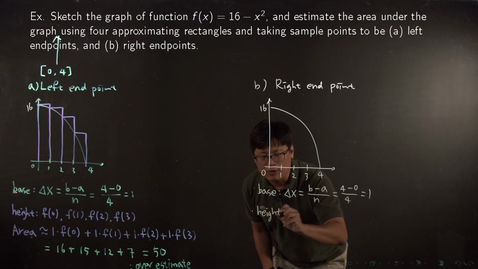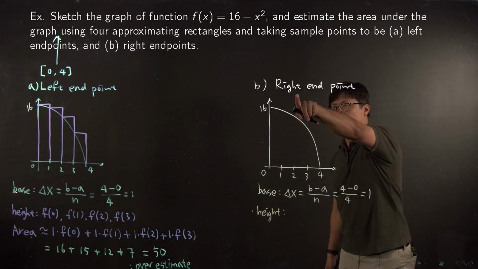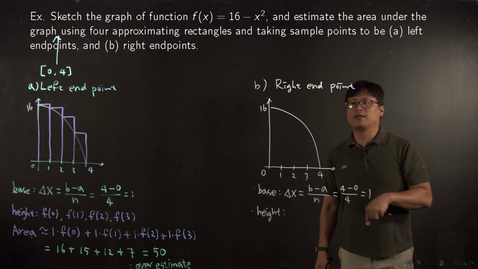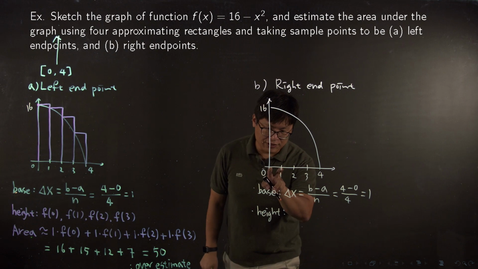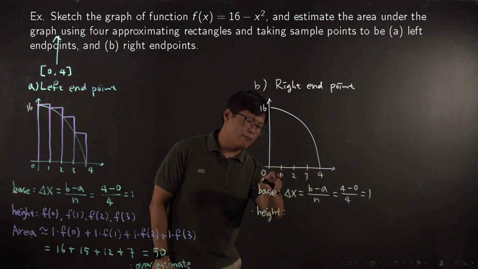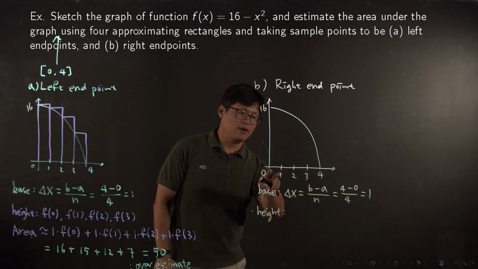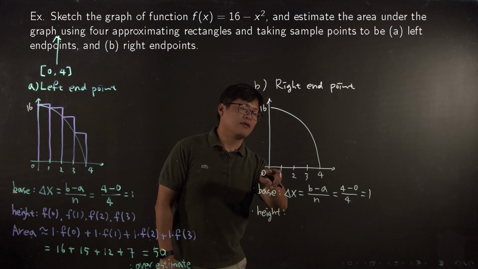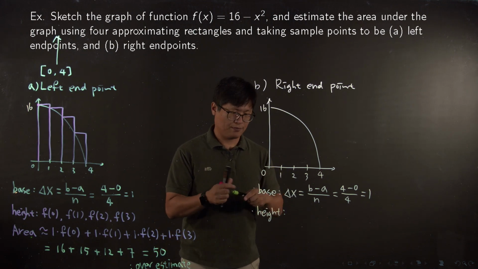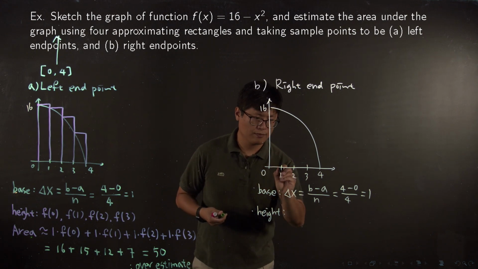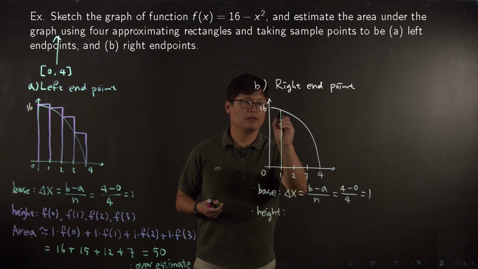For the height of each rectangle, we have to concentrate on this, okay? The question is to use the right endpoint for each subinterval, okay? Look at the first subinterval, 0 to 1. Since the right endpoint is 1, the height of this first rectangle will be the function value of 1, okay? I'm talking about this value.